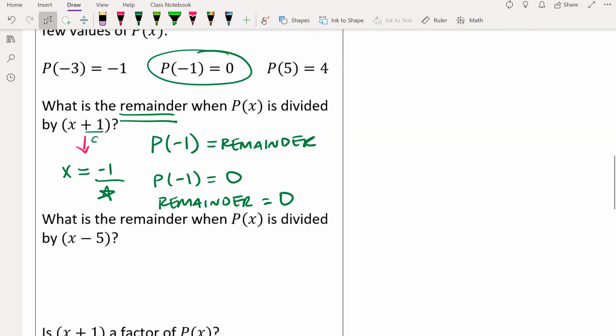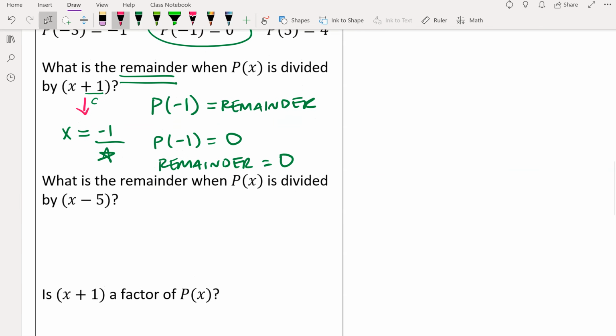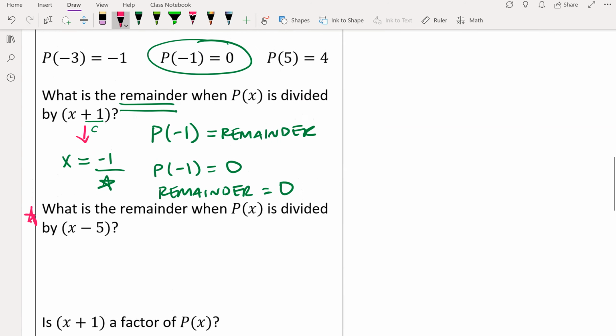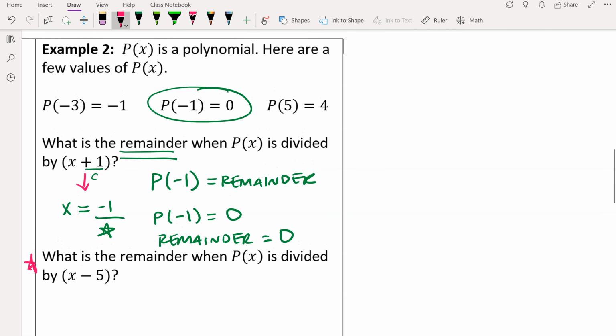Okay, cool. Let's do this one. What is the remainder when p of x is divided by x minus 5? I want you to do this one just like we did the first one. So what is the remainder when p of x is divided by x minus 5? You do this one. Go. All right. We should have plugged in the opposite sign.